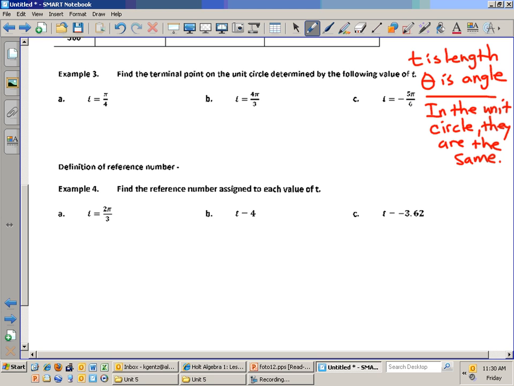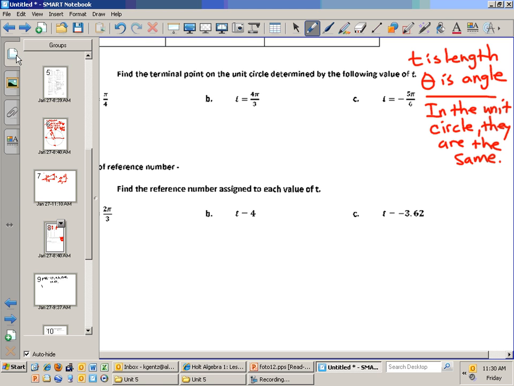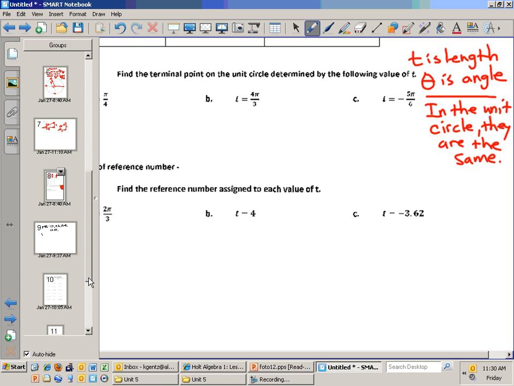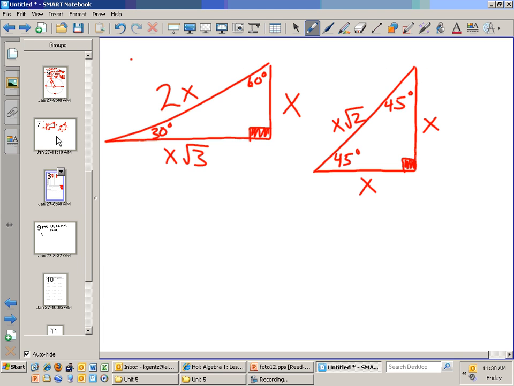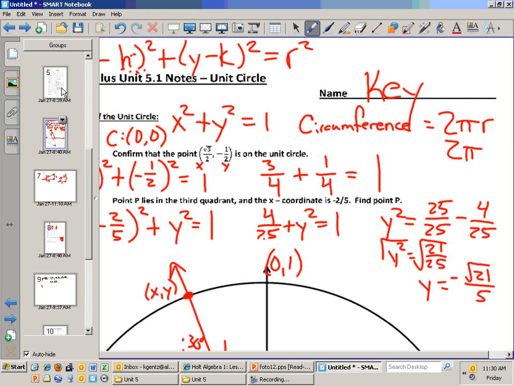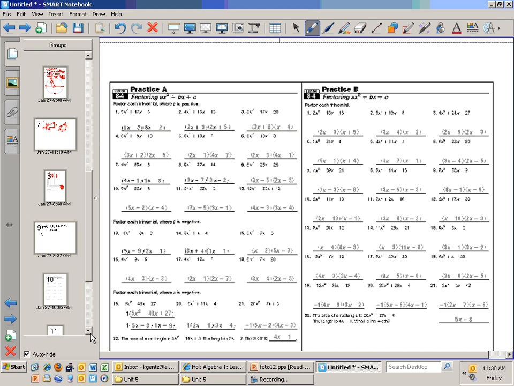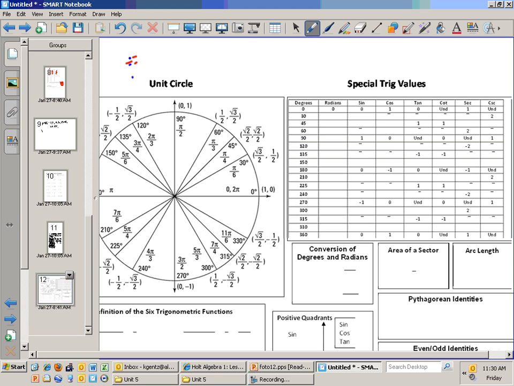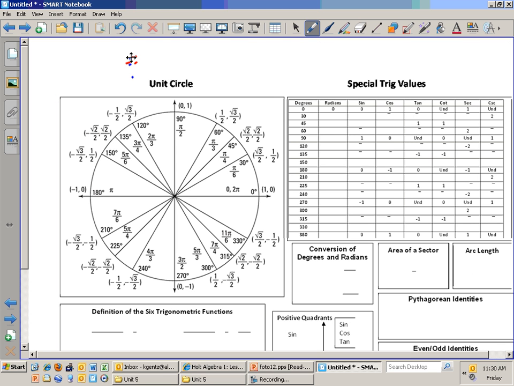So when it says find the terminal point on the unit circle determined by the following value of t, t equals pi over 4, here's what it's asking for us to do. If you look at your sheet that I gave to you guys, there it is. Okay, pi over 4. It's saying, what is this length right here to this spot?